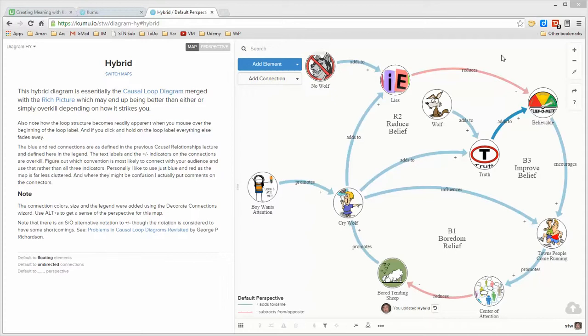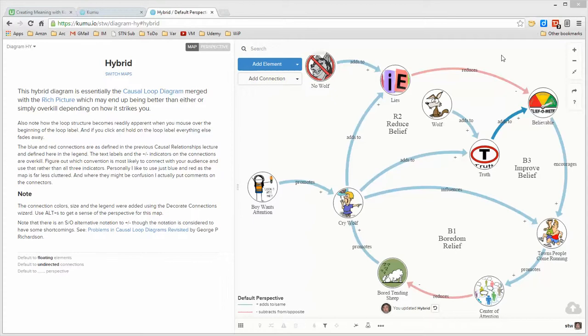I would encourage you to do a couple of each and see how they strike you, because it has a lot to do with personal preference, and it has to do with what it is that you're trying to convey to your audience, and how they're likely to perceive what you present to them.